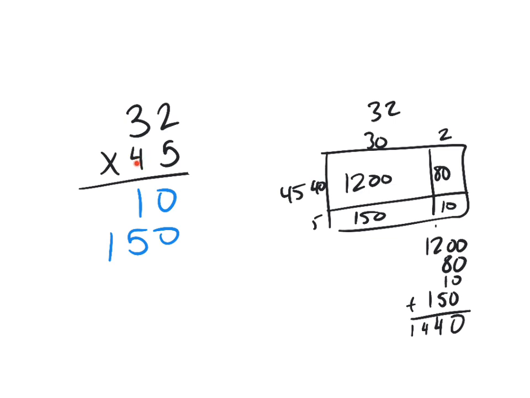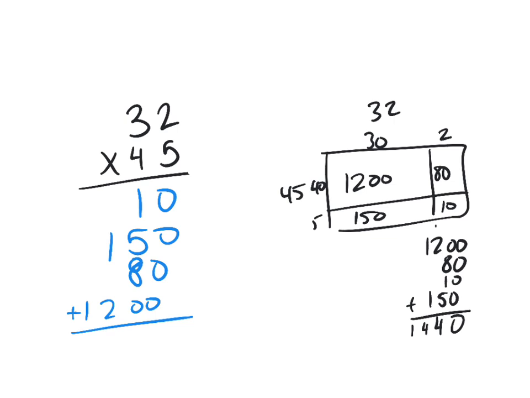But that 4 is not just 4, it's in the tens place, so that's actually 40. So I'm going to think about this like 40 times 2, which is 80. And then 40 times 30, which just like before was 1,200.